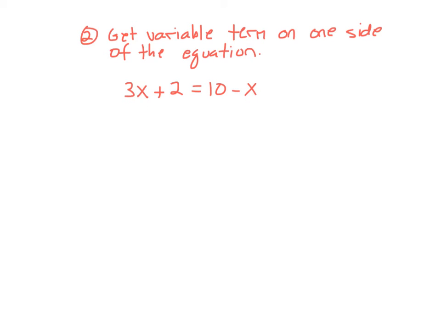I want to combine these two on one side of the equation. By convention, we generally try to move everything to the left side of the equation because we read left to right, and for a lot of people it's comfortable saying, at the very end x is equal to something. So we generally try to get it on the left side, but you can move it to the right side if you want to as well.